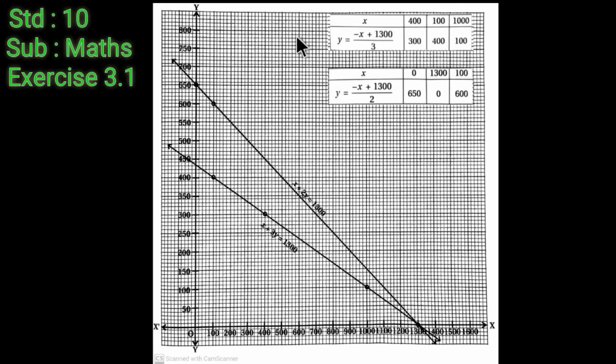If we take x equals 400, then we get y equals 300. So 400 on the x axis and 300 on the y axis.